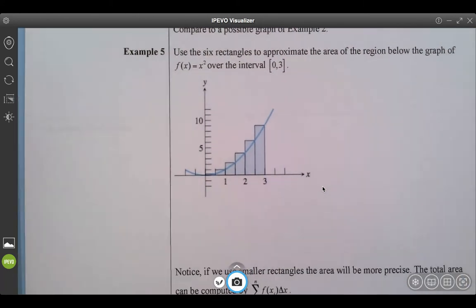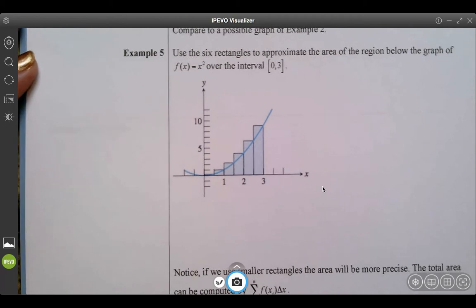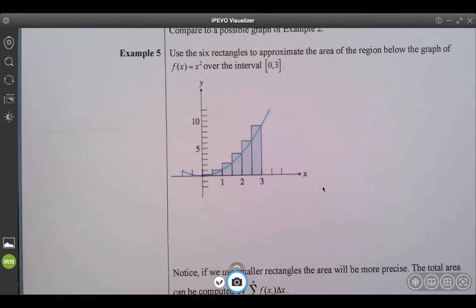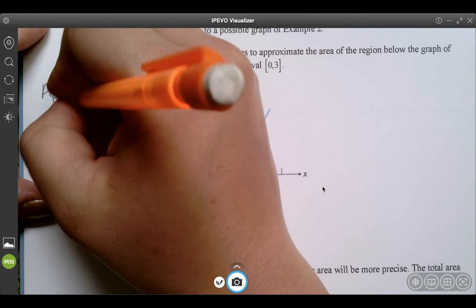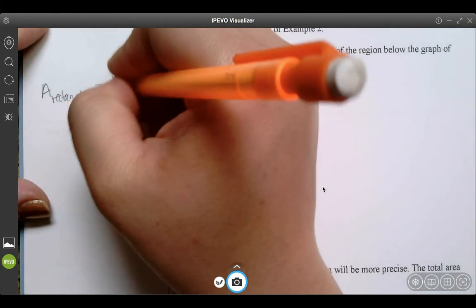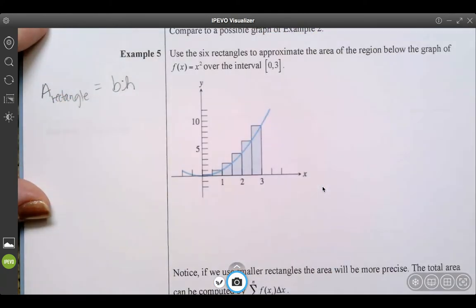What I'd like to do is review some of the formulas for area that we know. So think back to geometry. We know that the area of a rectangle is base times height, or length times width if you prefer.